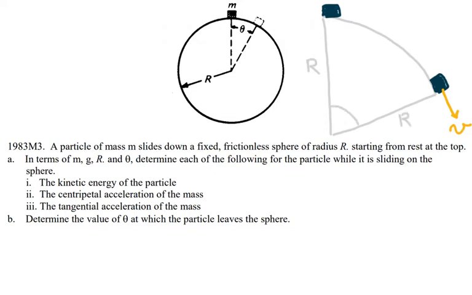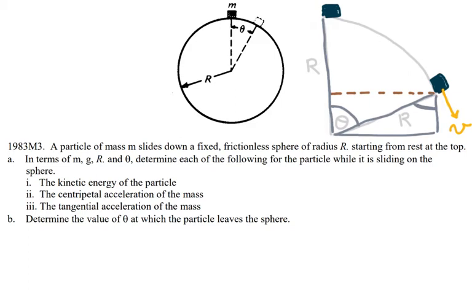And here is theta. Now, if I look at these lengths right here, if this whole thing is r, and this is theta, then from this triangle right here, the darker triangle, that part is theta.